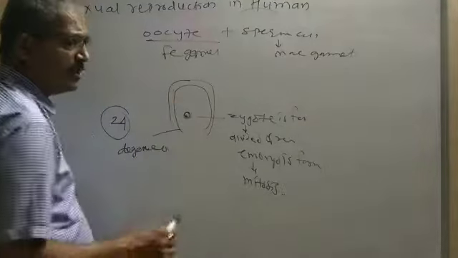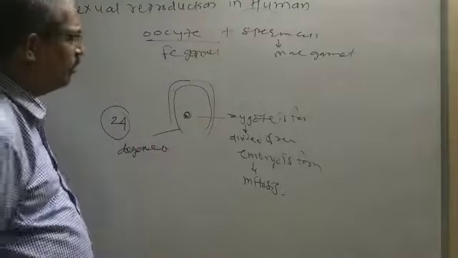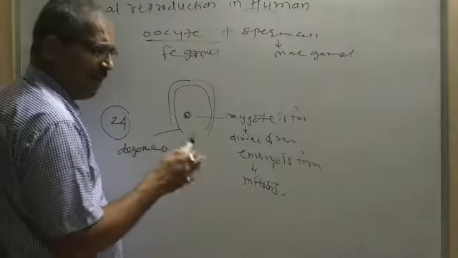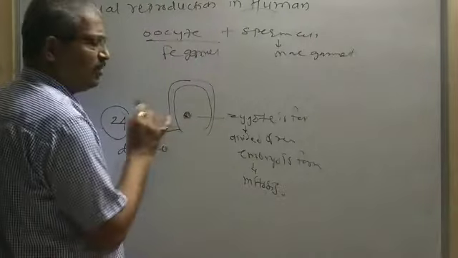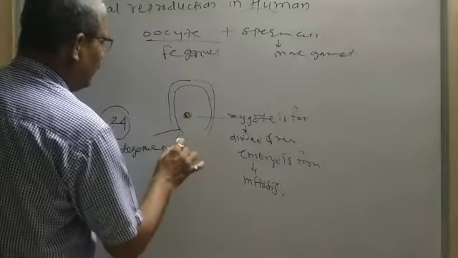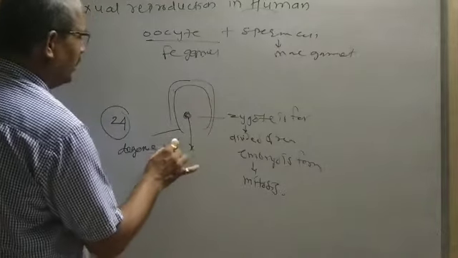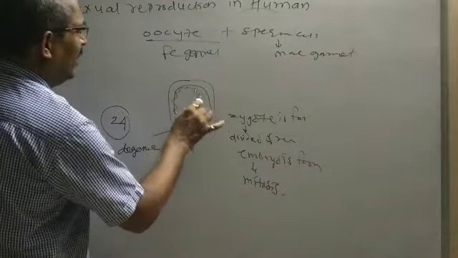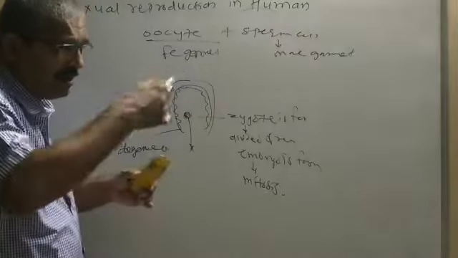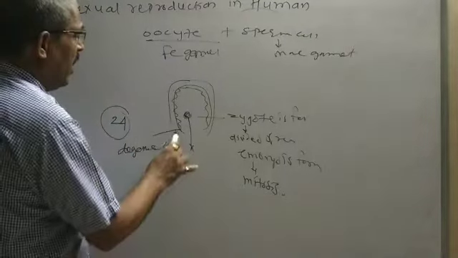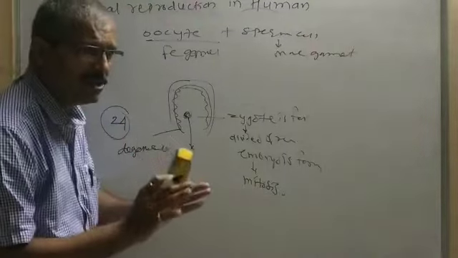This oocyte is also becoming inactive, means it starts to become lazy. It is also degenerating, and along with this egg cell, the endometrium layer, which was formed in the inner layer of the uterus, is also degenerating.